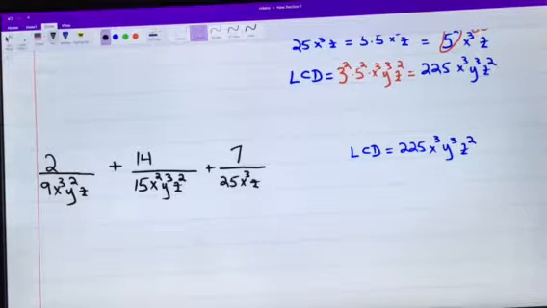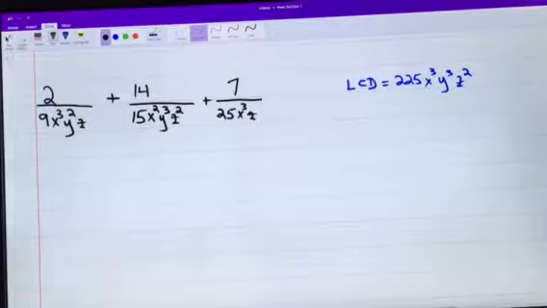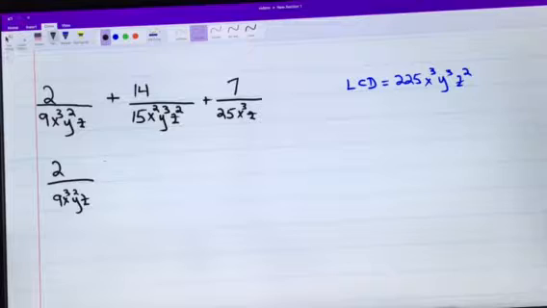For the first rational expression, 9 into 225 is 25. We already have the third order in x, and y squared into y cubed gives y. And we are missing one degree in z.